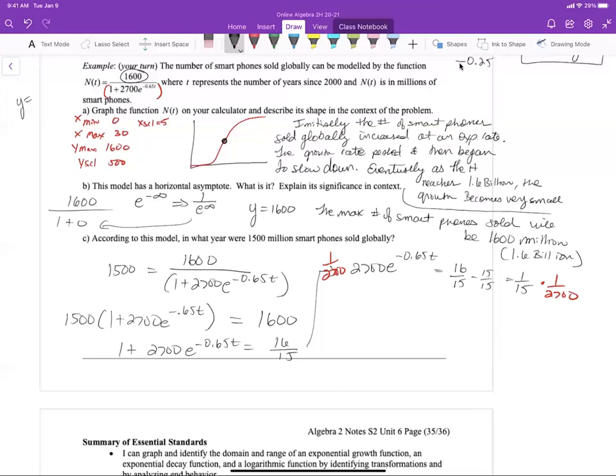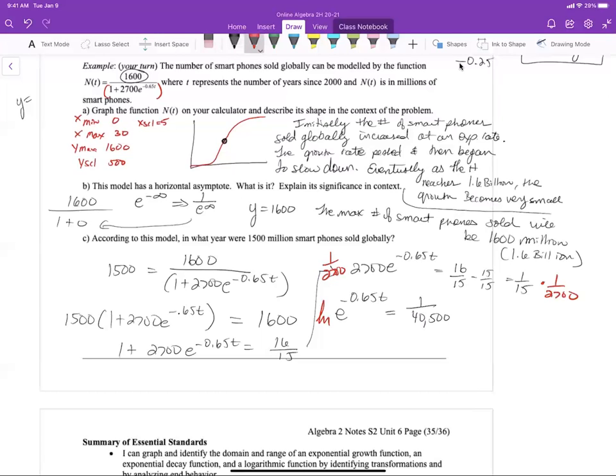On the left-hand side, I am left with e to the minus 0.65t. And on the right-hand side, I get 1/15 times 1/2,700, which is 1/40,500. How do I undo the exponent?